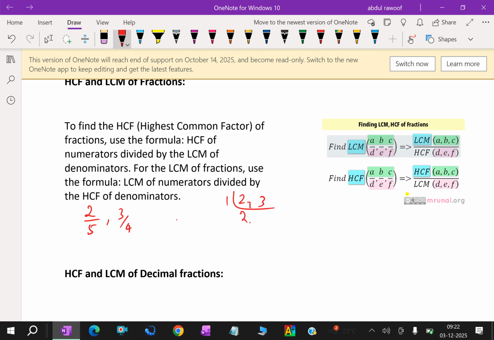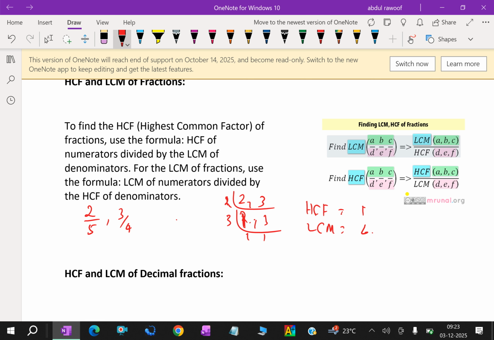The HCF of 2 and 3 is the highest common factor, which is 1 only, because there is no other common factor. Then the LCM is 6.